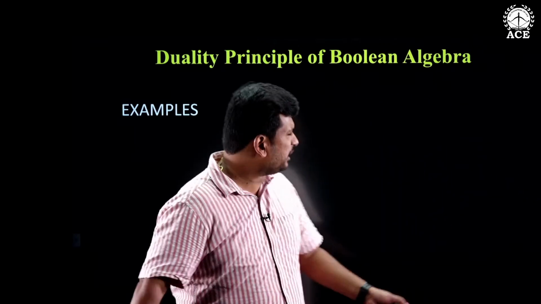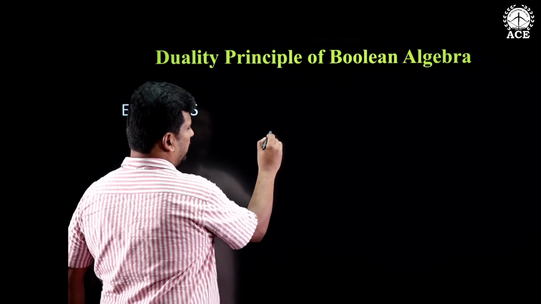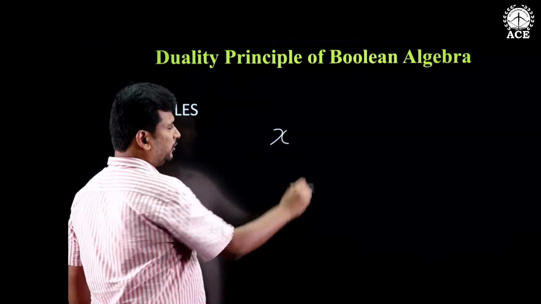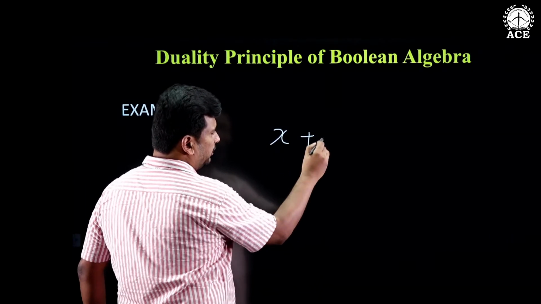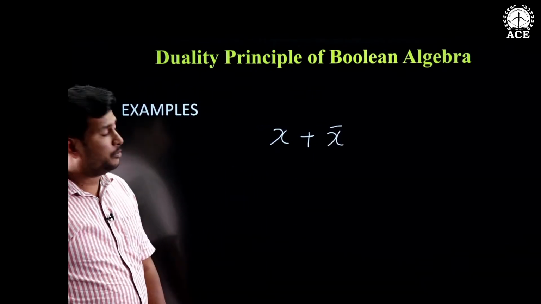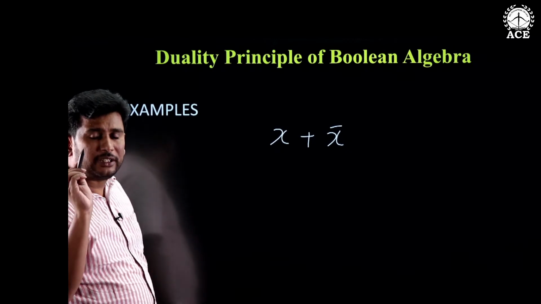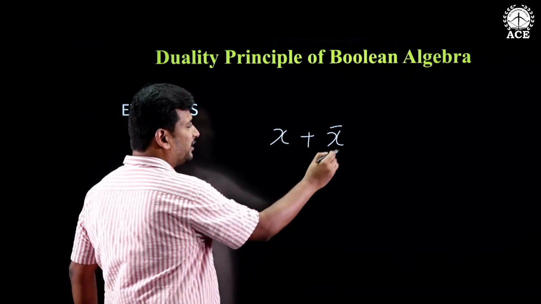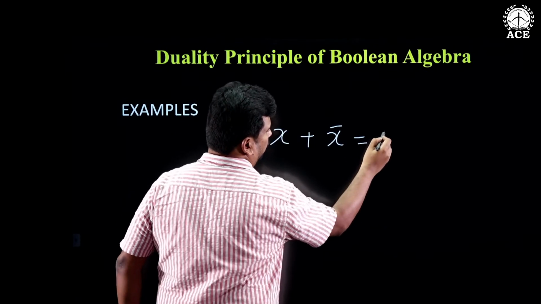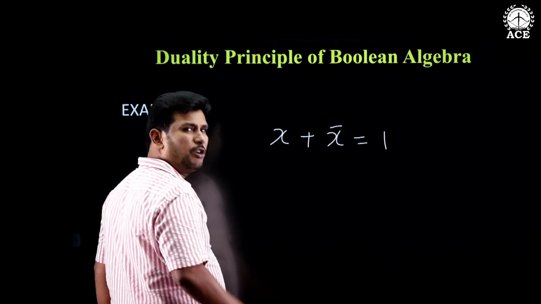Clear? We'll try this. No issue. First, we'll take something like X OR with X complement. We just discussed that when you do the OR operation of a variable with its complement, the resultant is 1. You want to prove it?